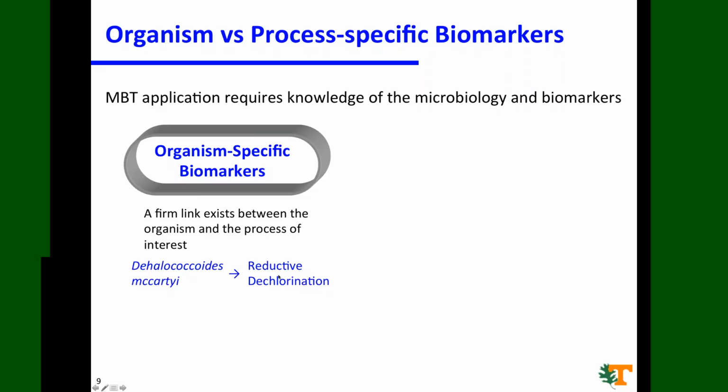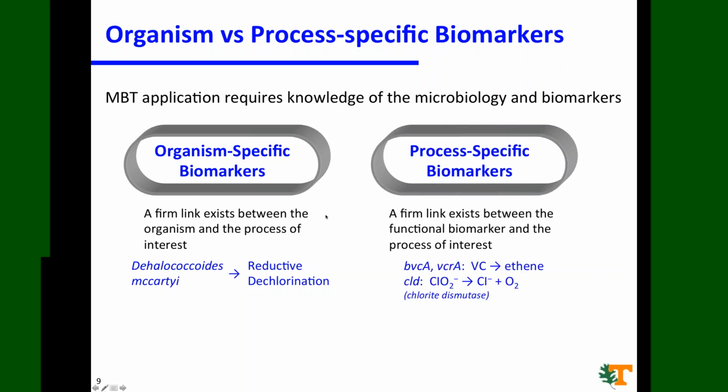If you have an organism with a versatile lifestyle, the presence of this organism does not necessarily mean it actually is involved in the process you're investigating. It can use another food source. Okay, that's an important distinction between Dehalococcoides mccartyi and other organisms with versatile lifestyle.